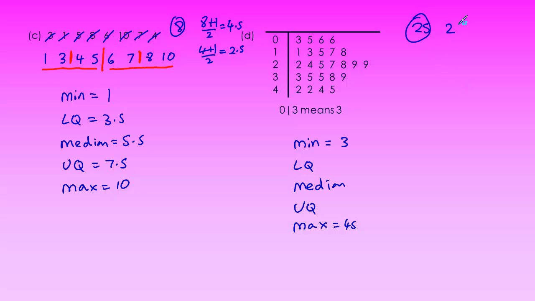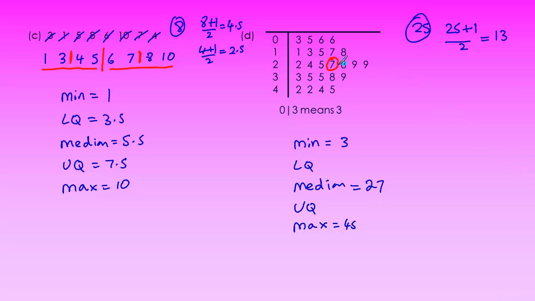Now, if we do 25 add 1 divided by 2, that's 13. So the 13th piece of data is our median. 1, 2, 3, 4, 5, 6, 7, 8, 9, 10, 11, 12, 13. So the median is 27.